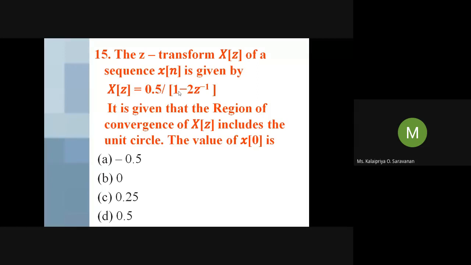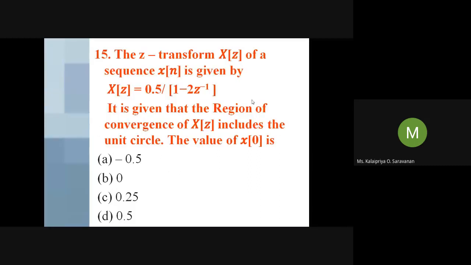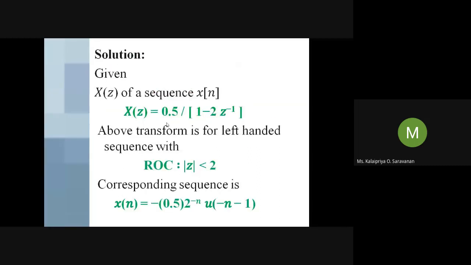So what we will do here is, given X of z of a sequence x of n, X of z is equal to 0.5 by 1 minus 2 z inverse. This is a left-handed sequence with ROC as modulus of z less than 2.